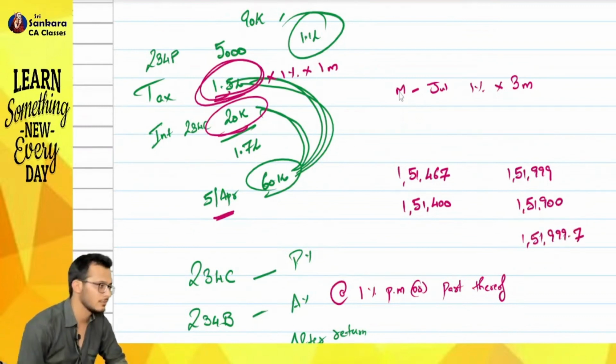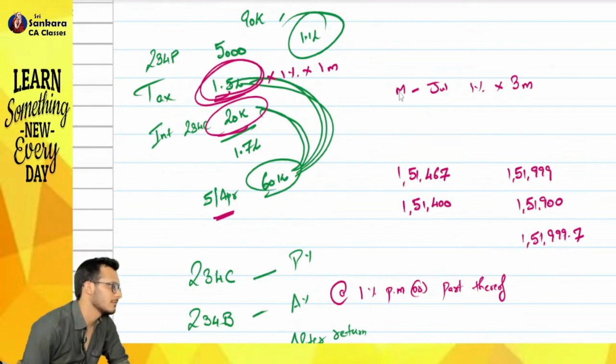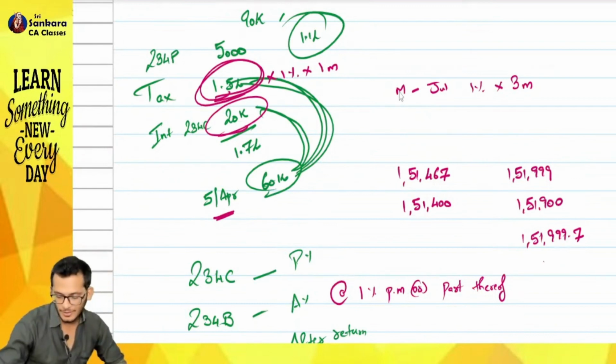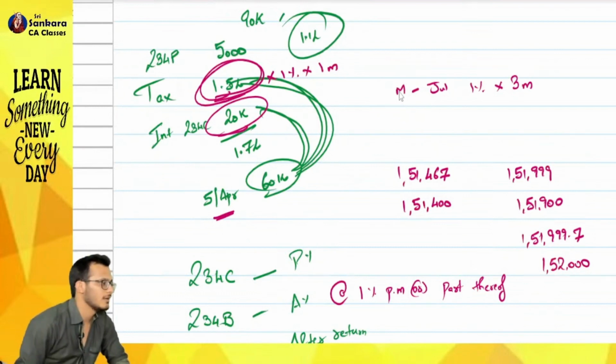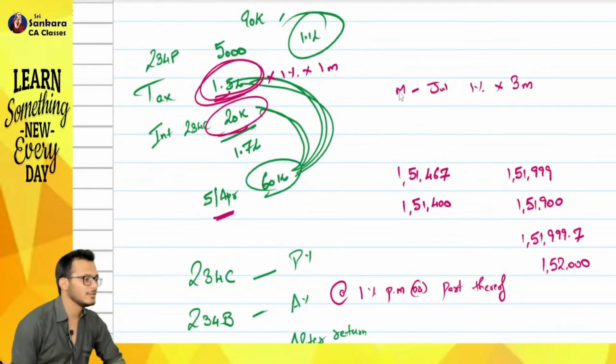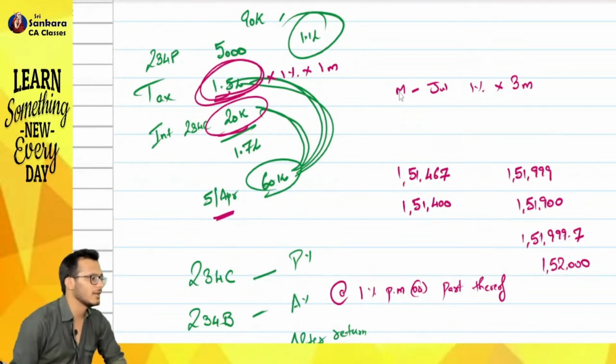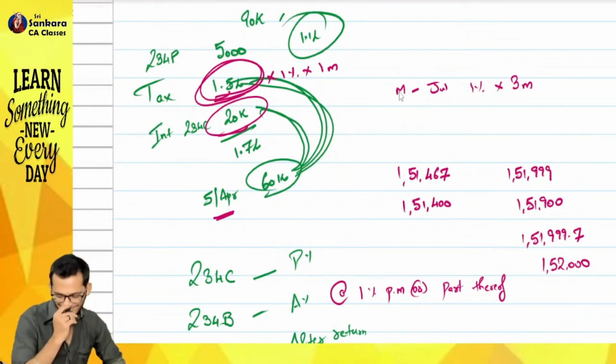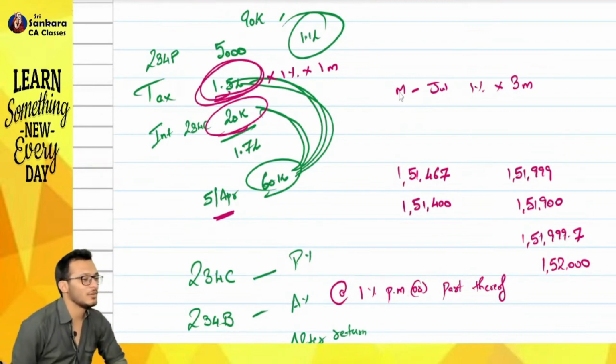If it is 1,51,999.7, it becomes 1,52,000, because decimals get rounded off at that very instance. It became 1,52,000. Round down to the nearest 100 is also 1,52,000 only. Yes, it is always round down to the nearest 100.